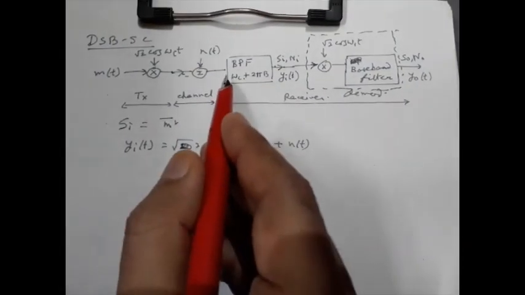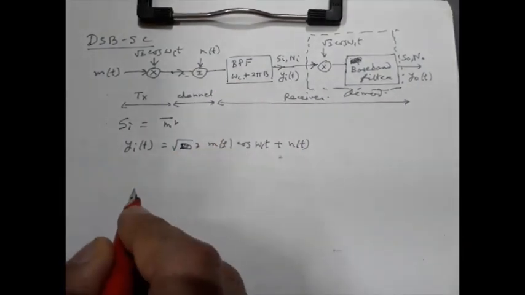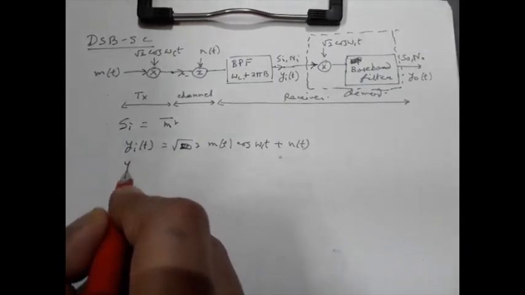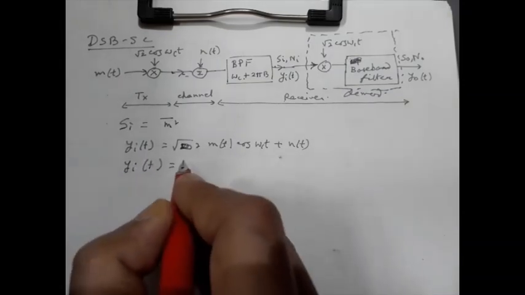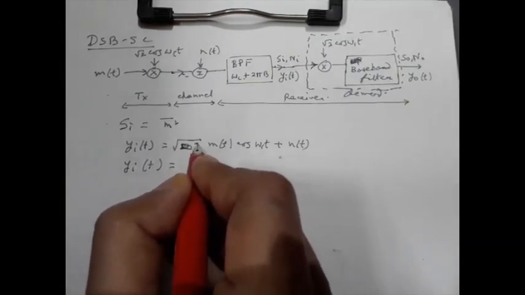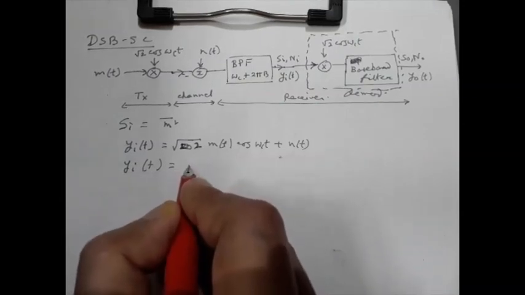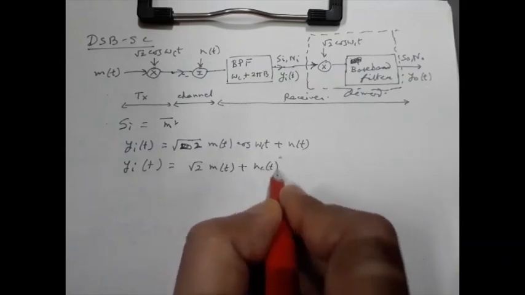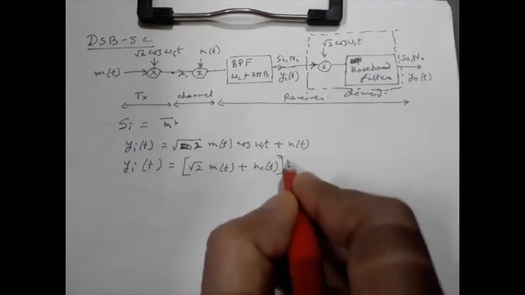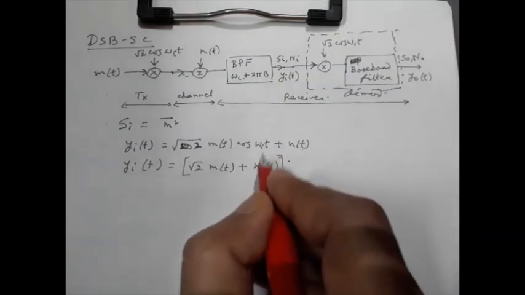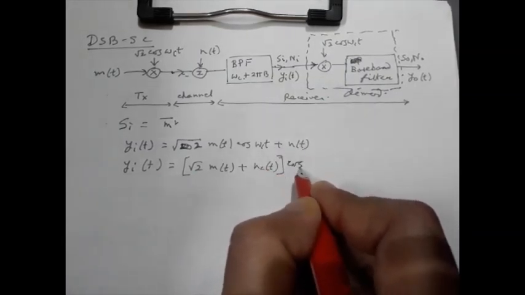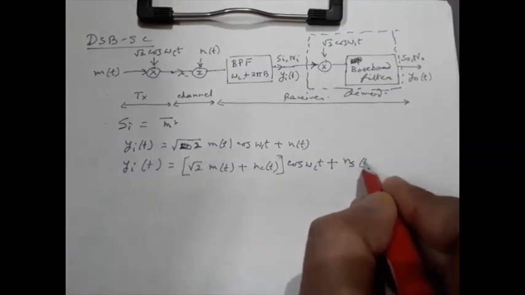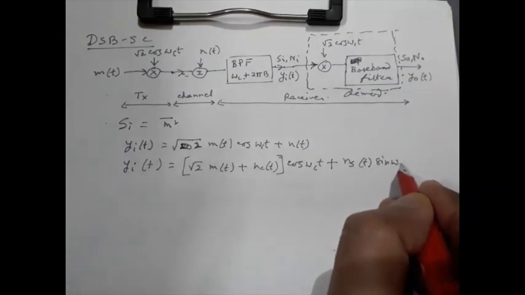Now after passing it through the bandpass filter, this NT becomes narrowband. So we should write YIT in terms of its quadrature components, that is [√2 mt plus NCT] into cos omega ct, where the in phase component is NCT, plus NST sin omega ct.